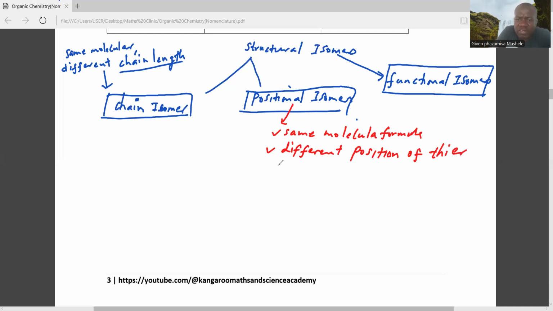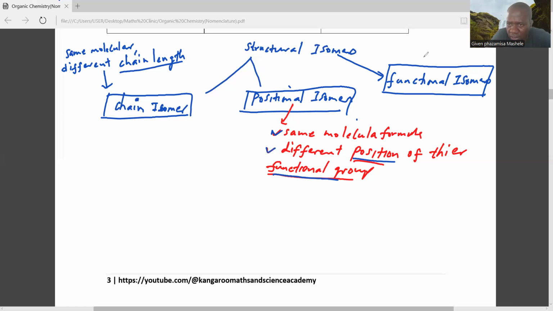So it means they have the same functional group, it's just that their position is not the same. So these are called the positional isomers.